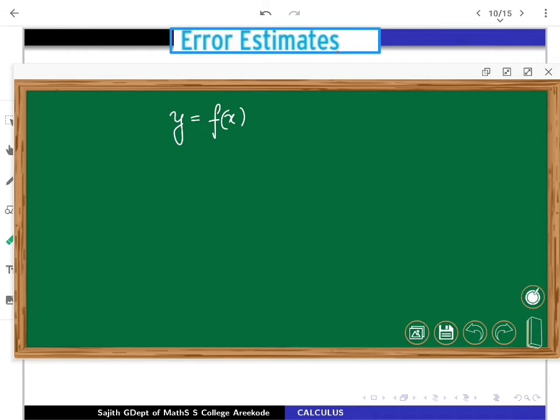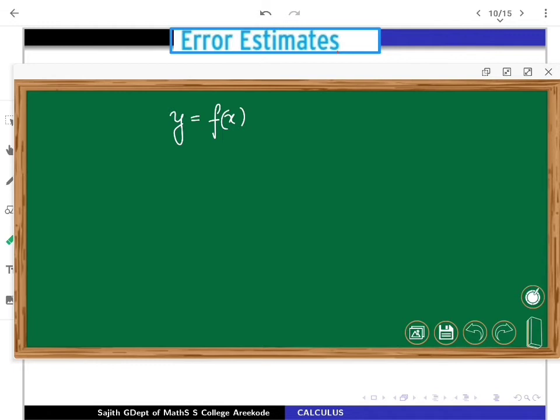That error propagates through the system and finally gives the corresponding propagated error in y. So we can use differentials to calculate the resulting error, delta y. Whenever x has an additional term like delta x, that can be termed the error, and the corresponding error in delta y we can calculate by the approximation dy.